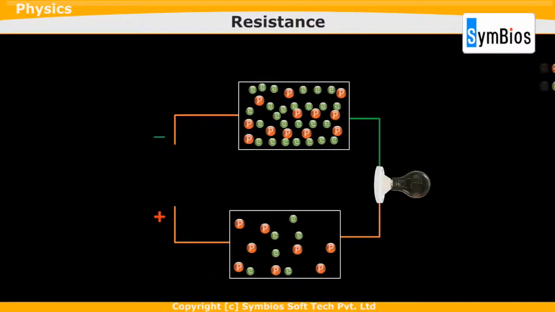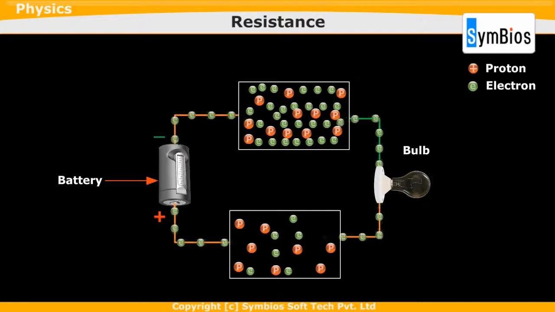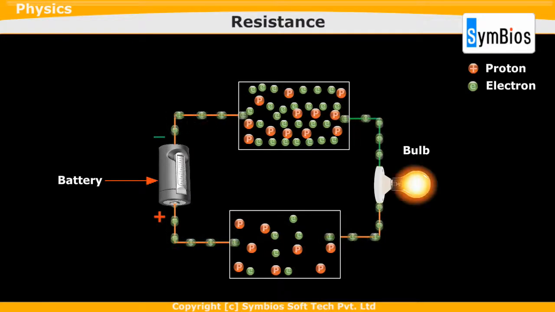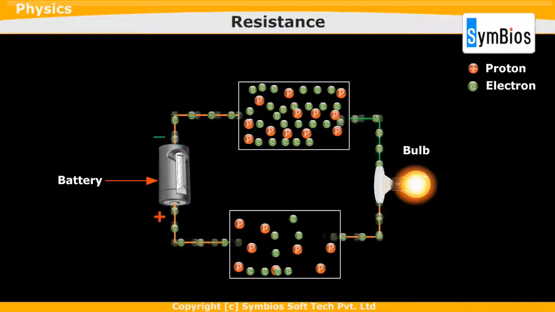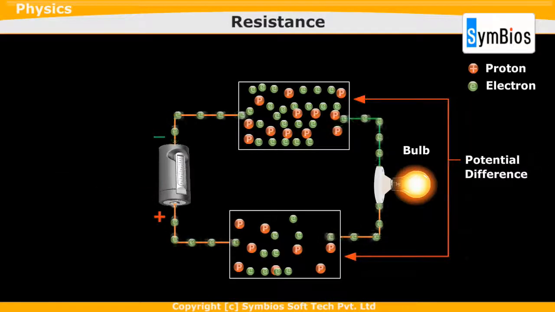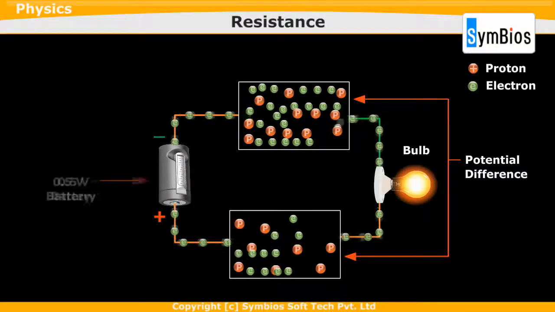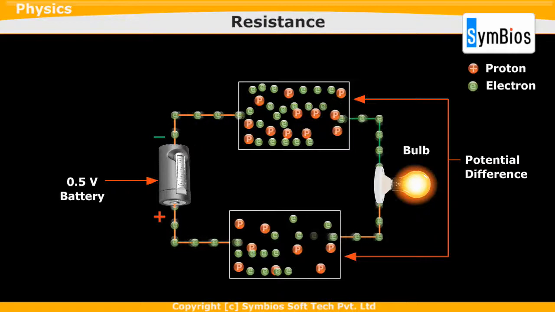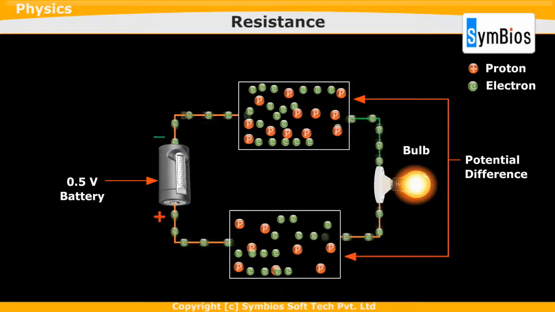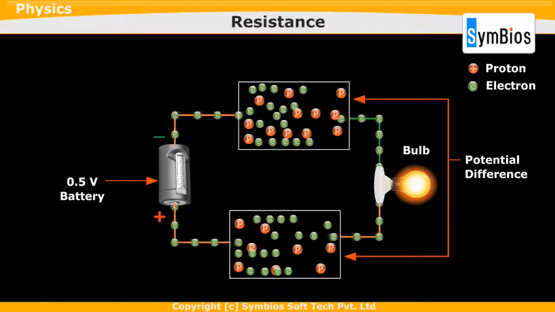Set up the circuit of a light bulb and a battery. We will keep changing the battery and see the effect on the bulb. First, let's use a 0.5 volt battery in the circuit. The bulb glows.